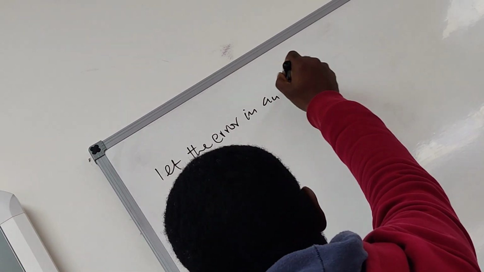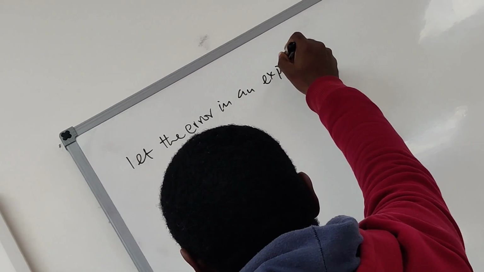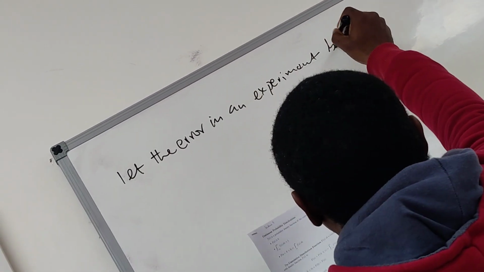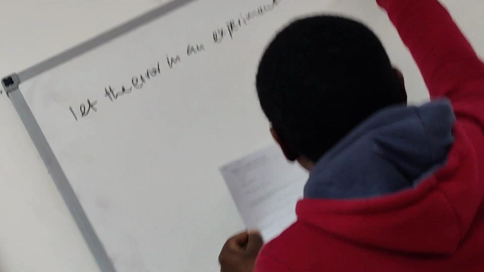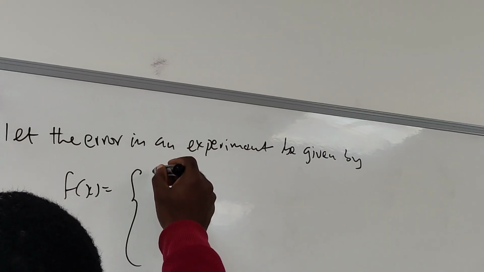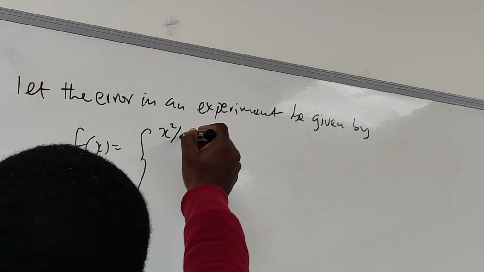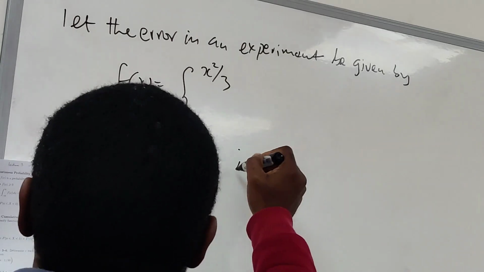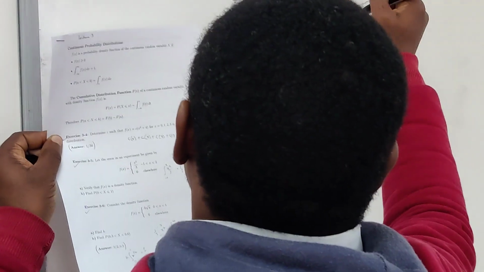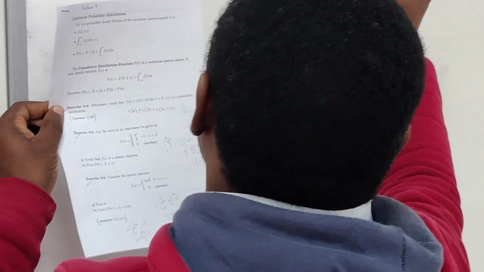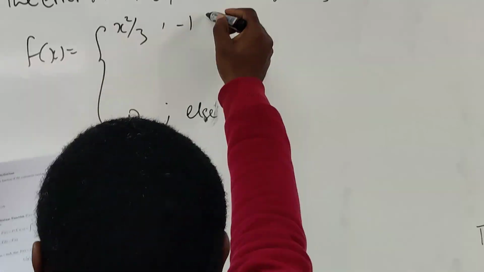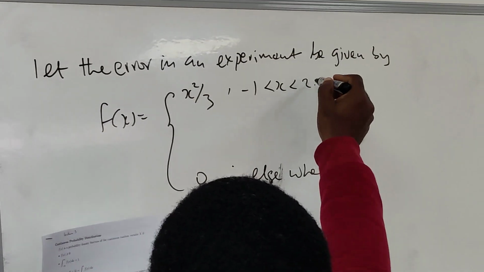Well, in an experiment, the error be given by f of x equals x squared over 3, and 0 elsewhere, where x squared over 3 is in the interval minus 1 less than x less than 2.